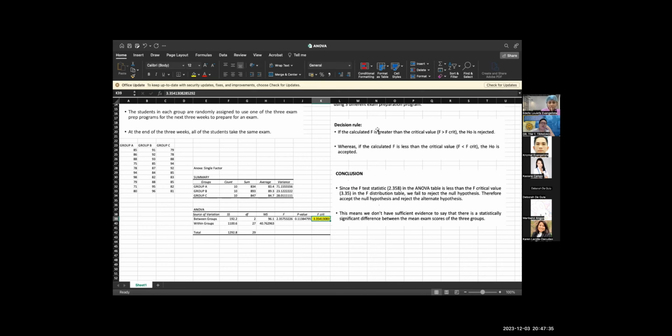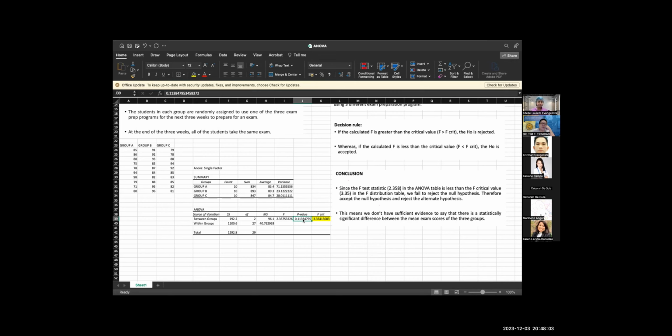Okay? So the decision rule: if the calculated F is greater than the critical value, then you can make a decision. Beside your F crit, you also have your P value. P value 0.1111. So again, with your confidence level of 0.05, where would a 0.1111 lie?